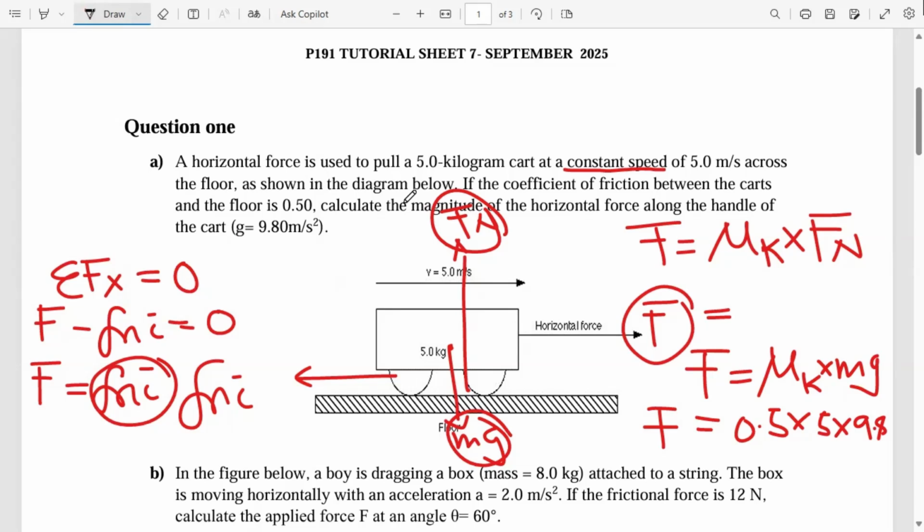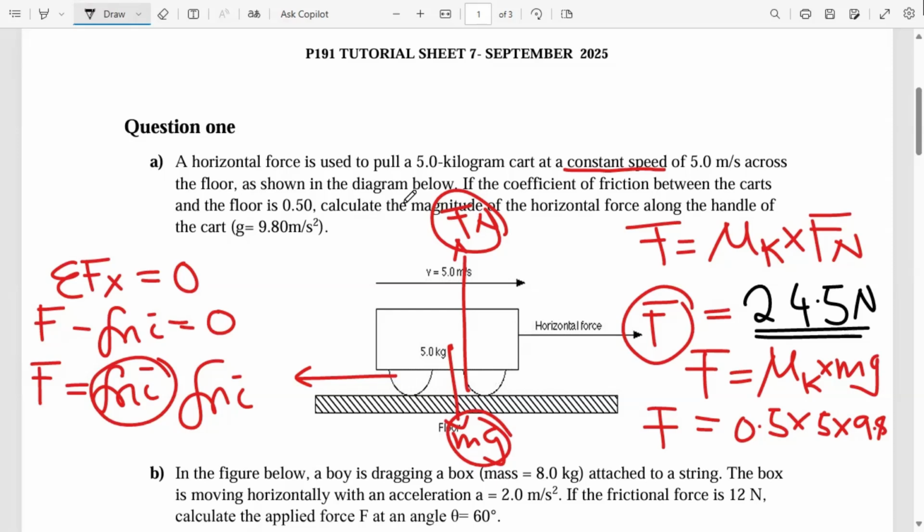My F is equal to 0.5 multiplied by 5.0 multiplied by 9.8. The force that is used to pull the cart forward is equal to 24.5 newtons, given the conditions that have been given in this scenario.